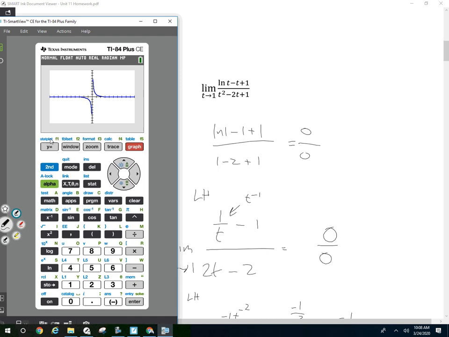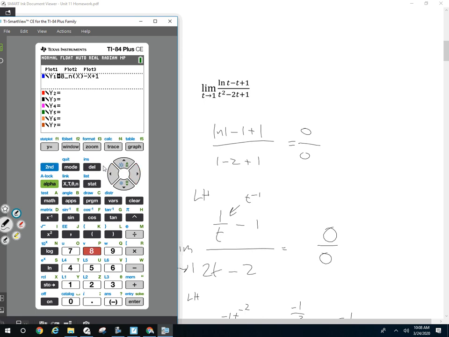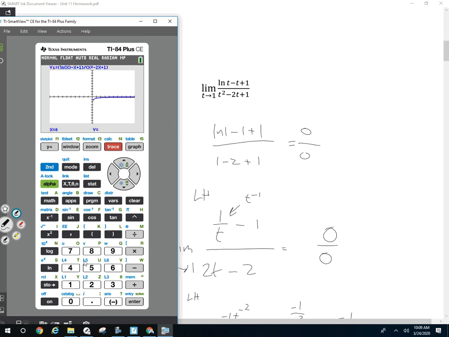Let's just double check, just to show you the situation, log t minus t plus 1, all being divided by t squared minus 2t plus 1. I'm thinking that at 1, we're going to see there's no value, but we can see we're approaching it to the left and to the right.